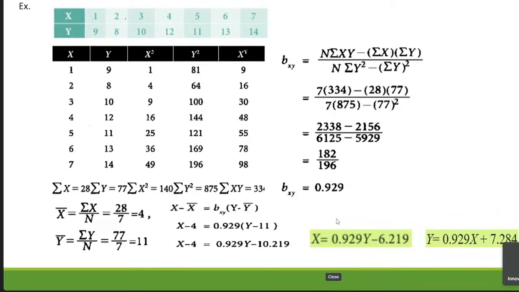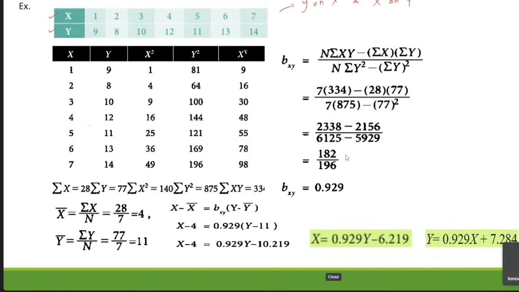So this is the data set which is given to you, x and y values. You can see x values vary from 1, 2, 3, 4, 5, 6, and 7. And y values are 9, 8, 10, 12, 11, 13, 14. So here we need to find out the regression equations, both for y on x and x on y.